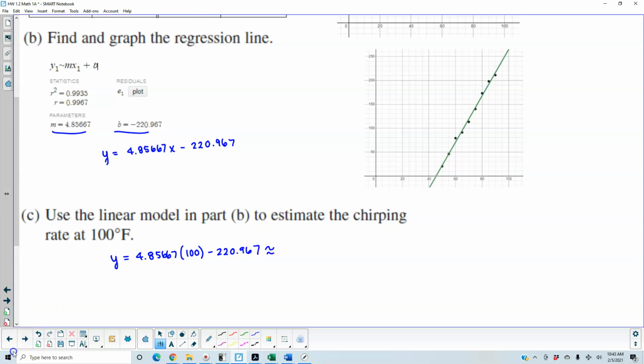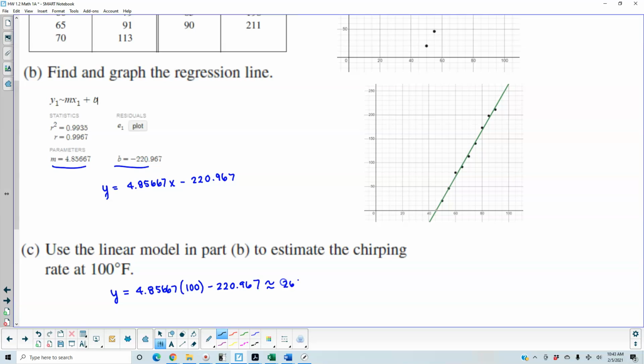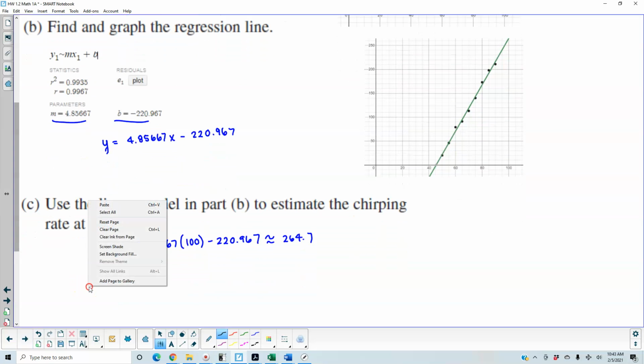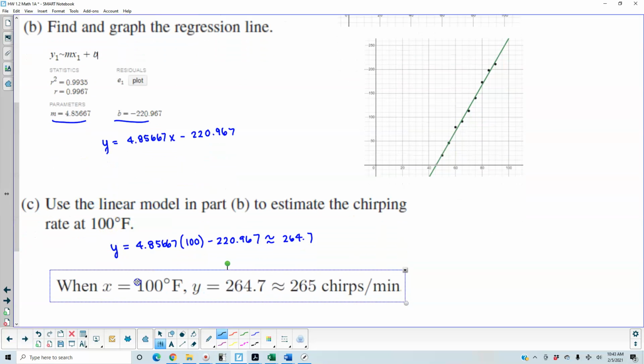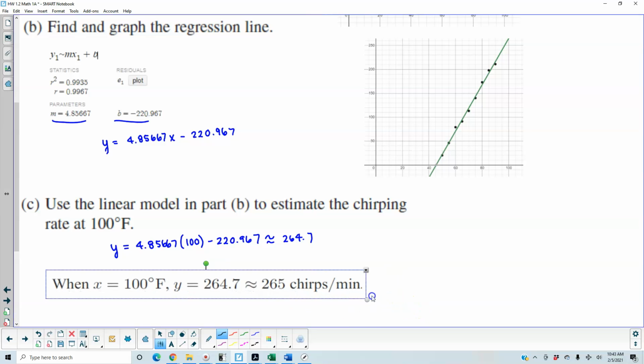That gives us approximately 264.7. So that tells us that when x is 100 degrees Fahrenheit, y is equal to 264.7, which is approximately 265 chirps per minute.